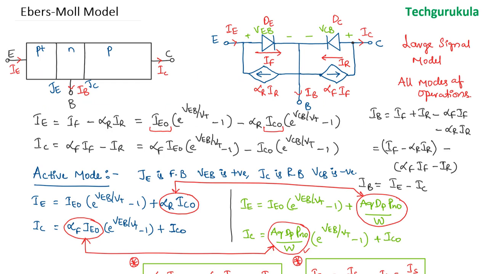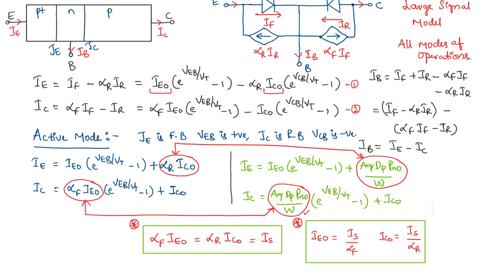Those are the initial equations we had here, that is number 1 and number 2, which are valid in all regions of operation. In fact, to find out the relationship, we just took active mode of operation because we had the equations derived from the previous video. Hence, we use them here to find the relationships. So let me rewrite those equations here.